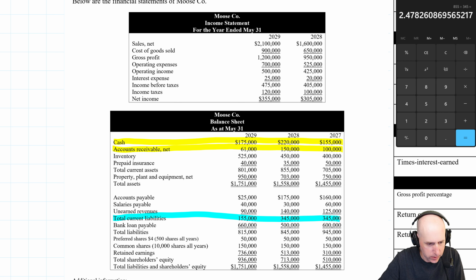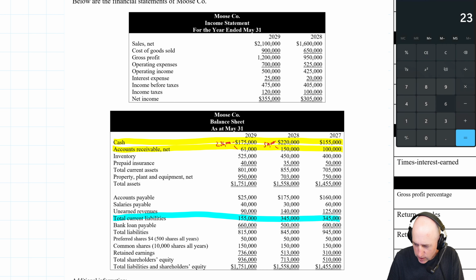So adding the yellows here, 175 plus 61 is, what is that? 236. And 220 plus 150 is 370. And we'll just take the yellow, divide by the blue.